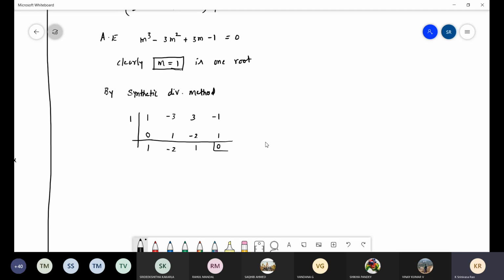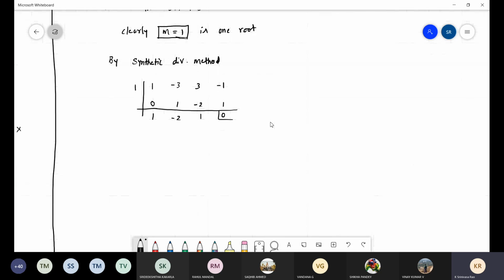Now this is a quadratic equation, m square minus 2m plus 1 equal to 0. Why is this called the division method? We divide by the root m equal to 1 and reduce the cubic equation to a quadratic equation. m square minus 2m plus 1 equal to 0 is actually m minus 1 whole square, or you go with the factorization method.